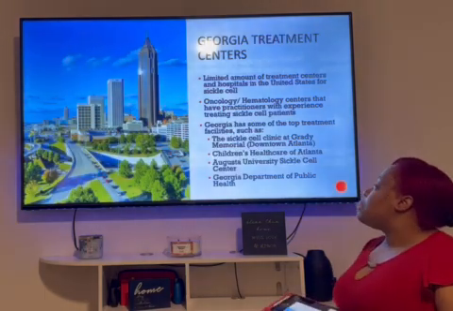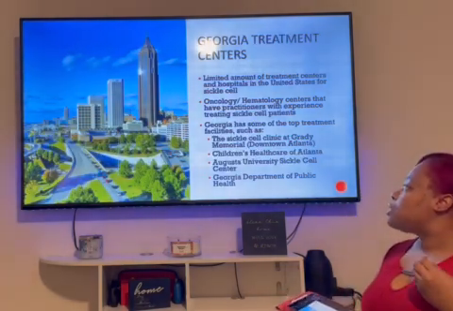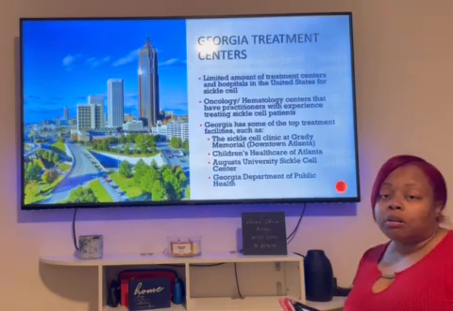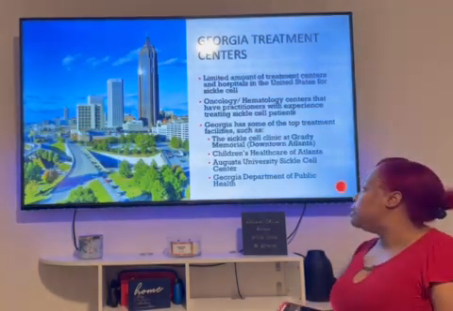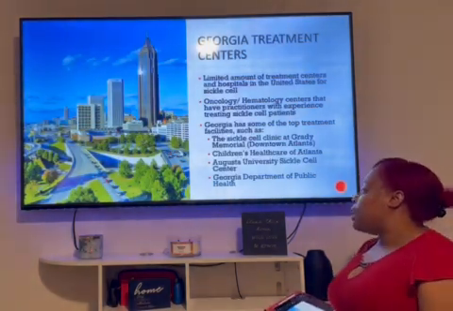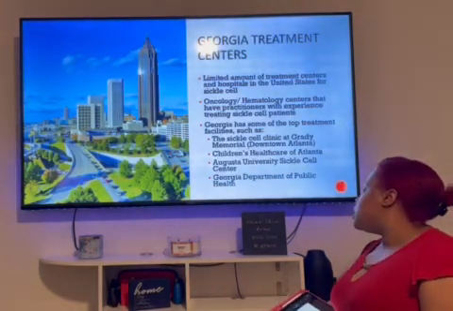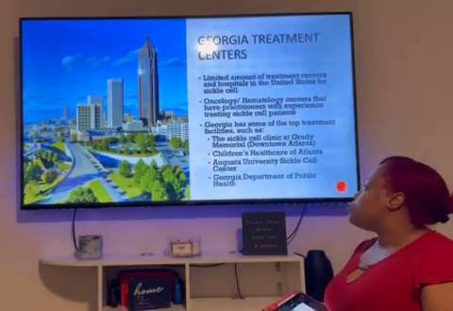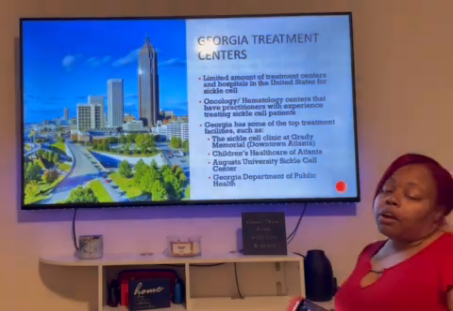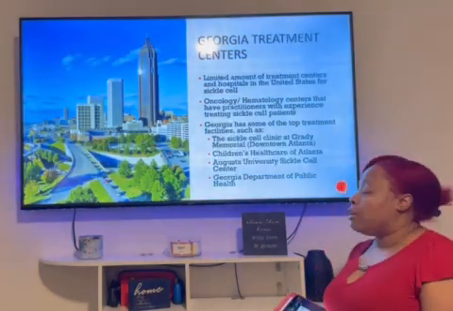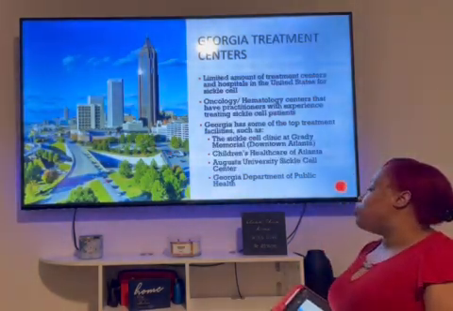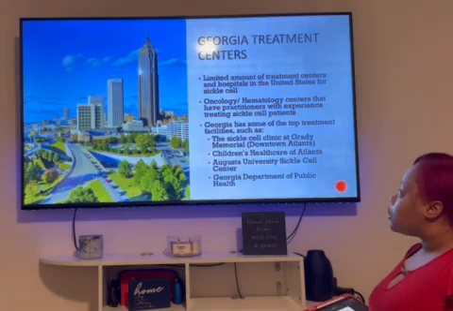Georgia has some of the top treatment facilities, such as the Sickle Cell Clinic at Grady Memorial in downtown Atlanta, Children's Healthcare of Atlanta for pediatric patients, Augusta University Sickle Cell Center, and then the Georgia Department of Public Health. They're able to give you the resources that you need to find treatment and to find your doctors.